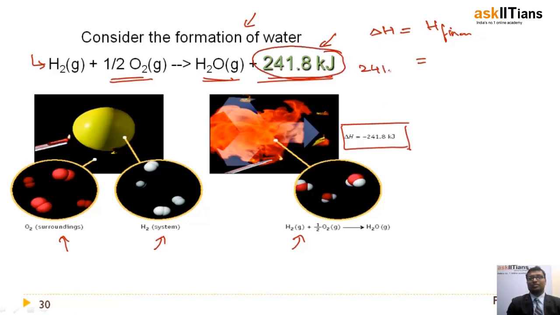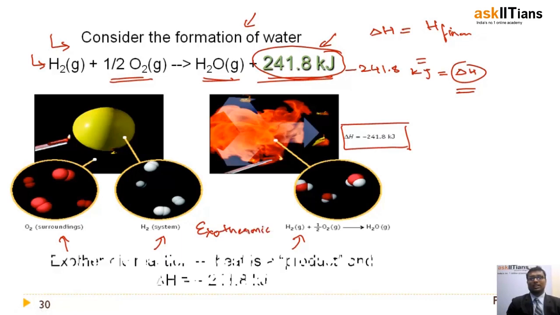Minus 241.8 kilojoules is the delta H in this process. That means this process releases energy, so delta H will be negative. That means this process is called an exothermic process. So the overall delta H is negative, right? What is happening to the heat content of the system?